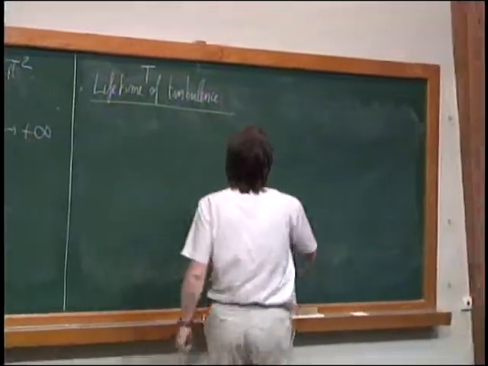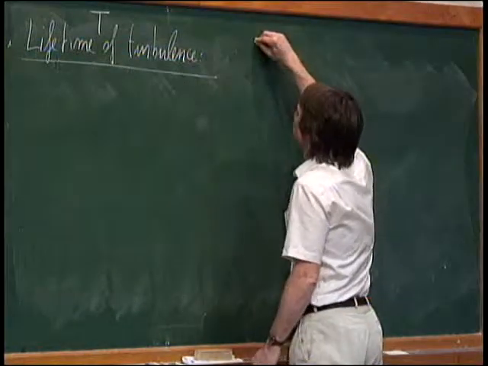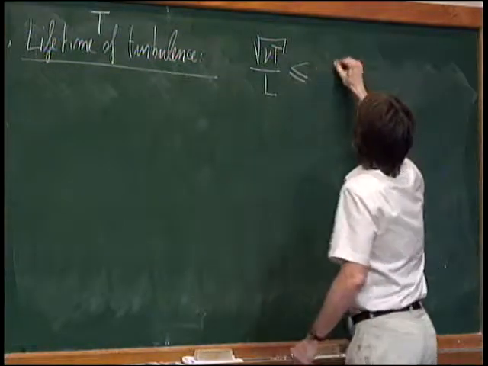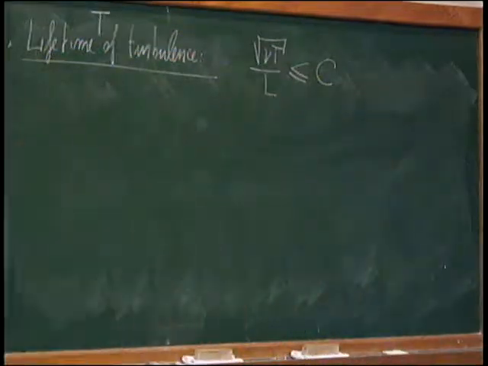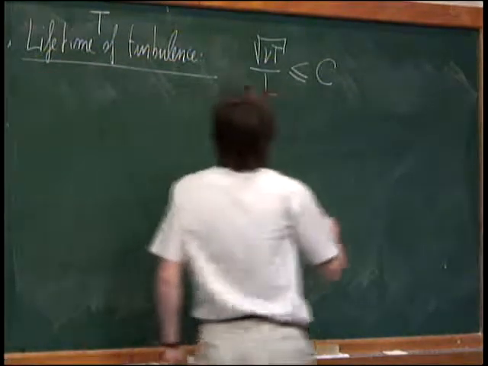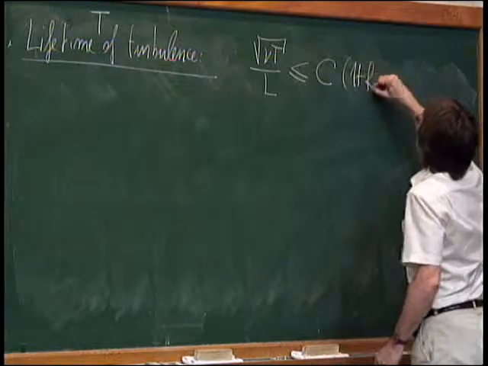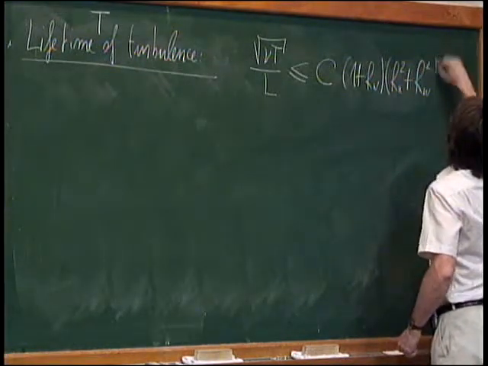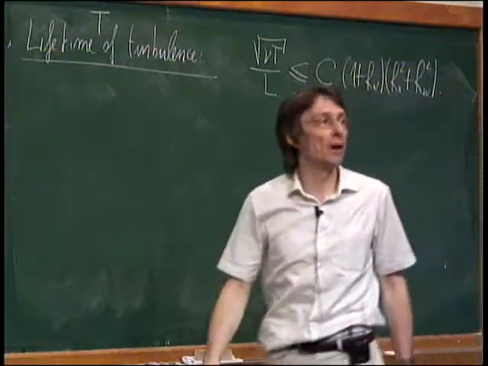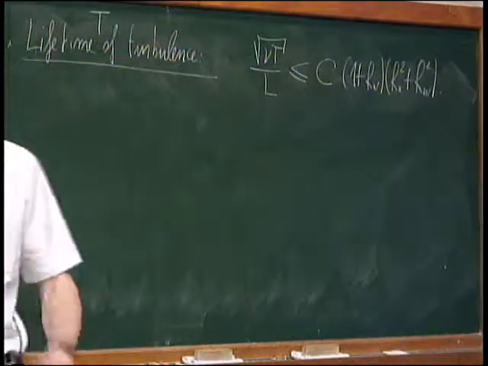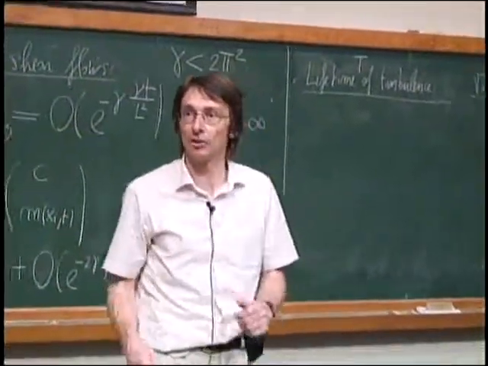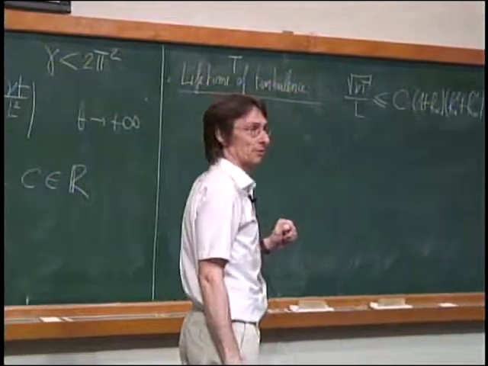So it will be something like: square root of nu t over L should be less than a constant times the quantity appearing here. So it's something like 1 plus R omega times RU square plus R omega square. So roughly, it's a 6th power of the initial Reynolds number. I have no idea whether this is sharp. It's certainly pessimistic, but it's not exponentially large or things like that. It's a power of a number.